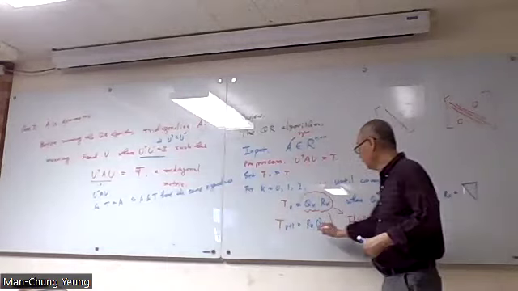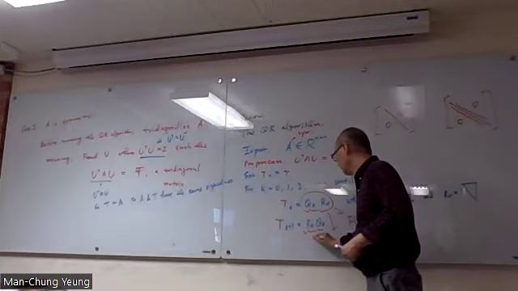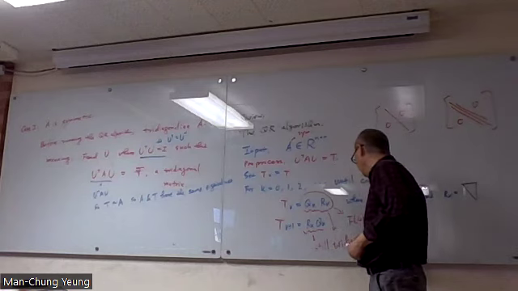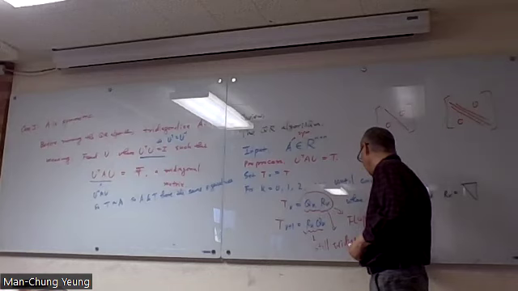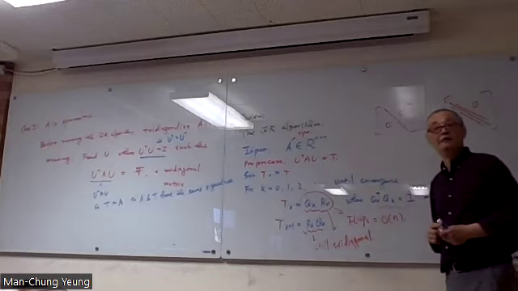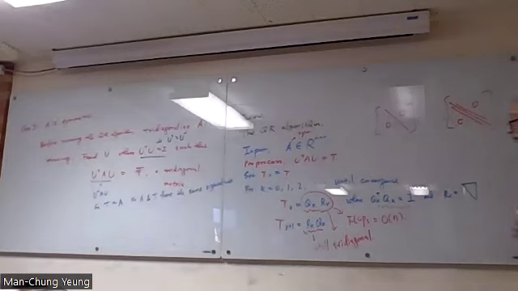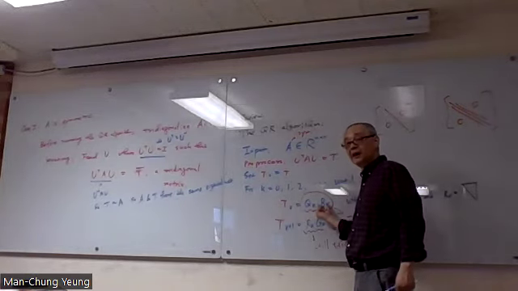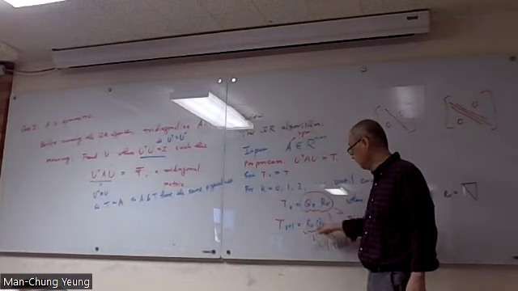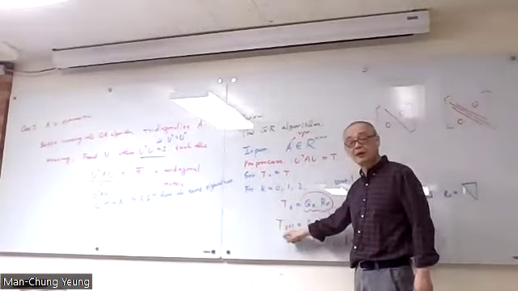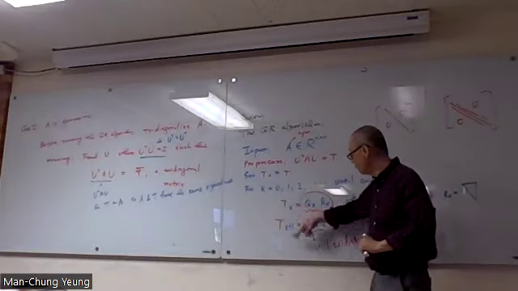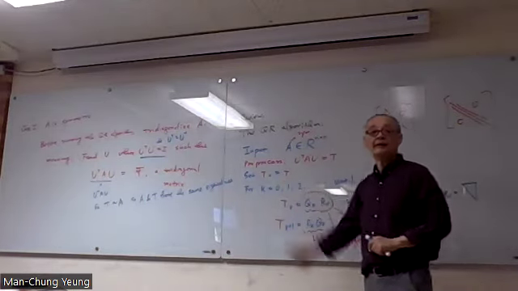It can be proved that this product is still tridiagonal. Theoretically, you can prove it. Tridiagonal matrix, QR factorization, then reverse the product, and the new matrix is still tridiagonal. So we can repeat this again and again.